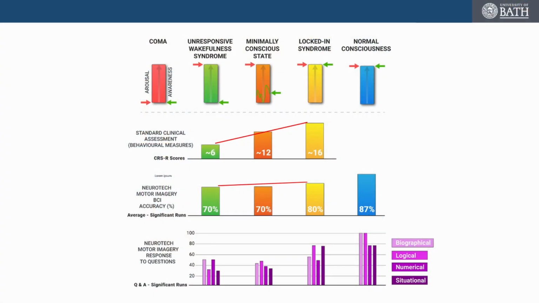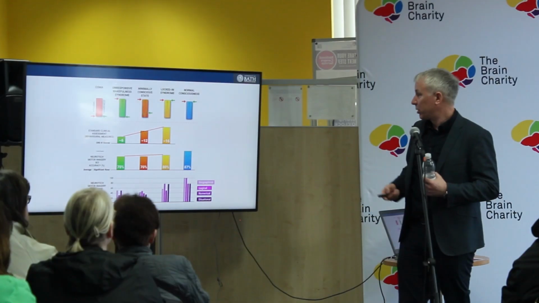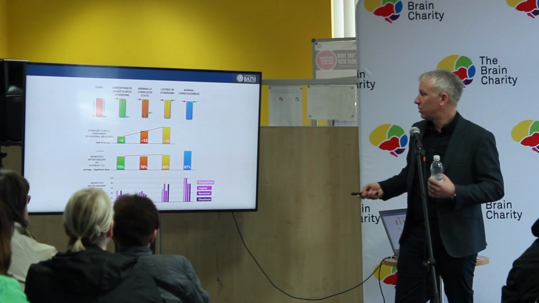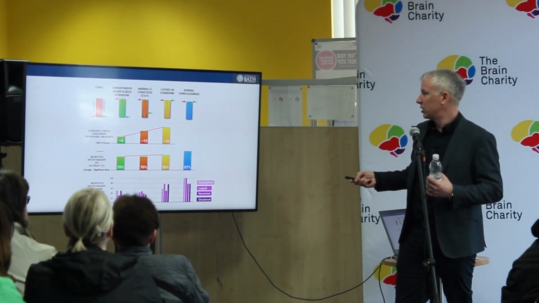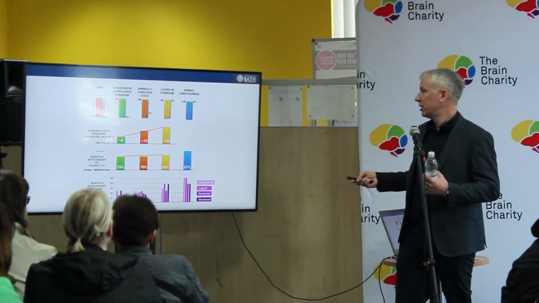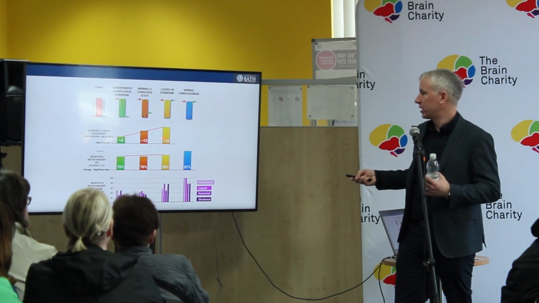And here are the results in general. So what we're looking at is, what was their performance in the brain-computer interface, and what was their performance on the standard tests. So in the standard behavioural tests, the UWS showed very low scores, the MCS a little bit higher, and then the LIS higher again.